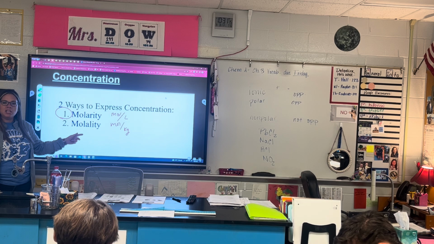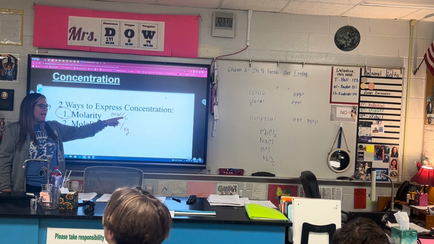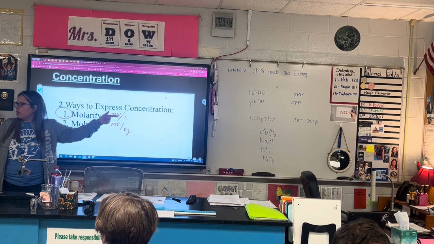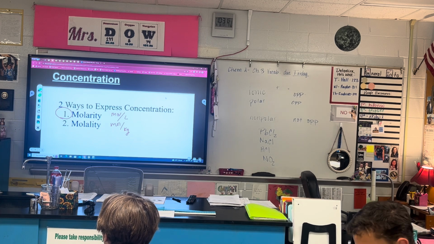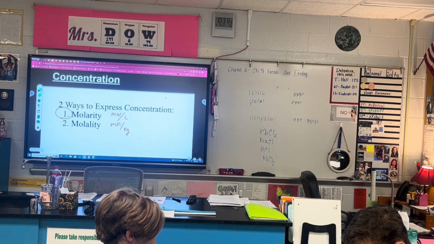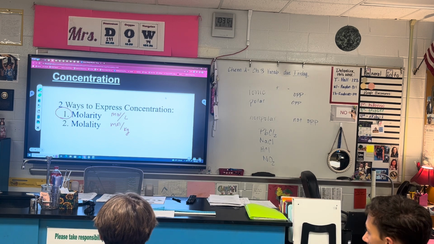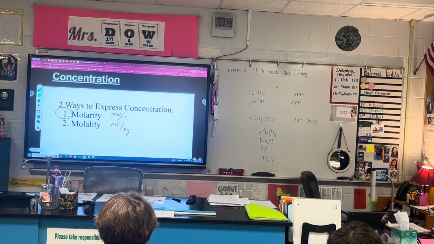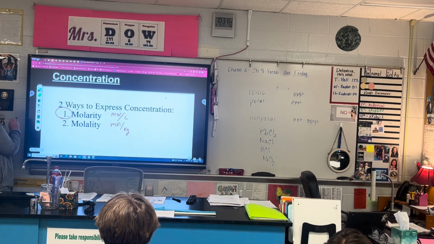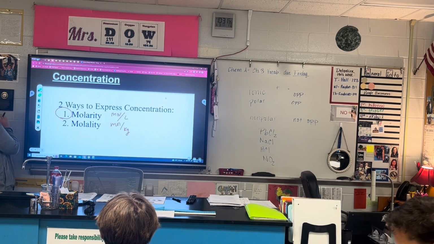It just makes more sense, because if we're measuring water as our solvent, we would use liters, not kilograms. So we're going to be using molarity. That's what we're going to calculate. Alright, so we're going to be measuring concentration by calculating molarity.